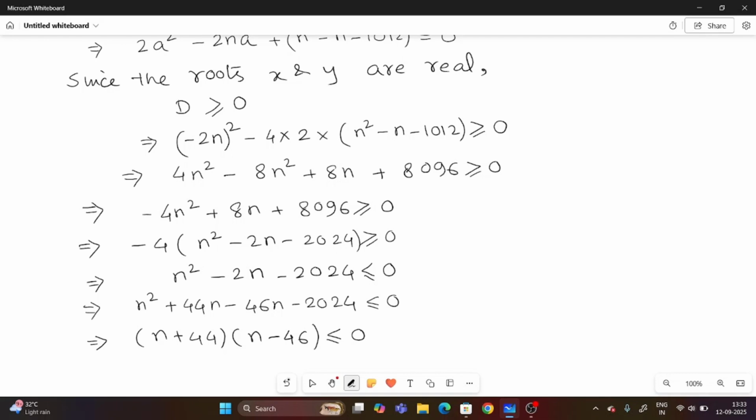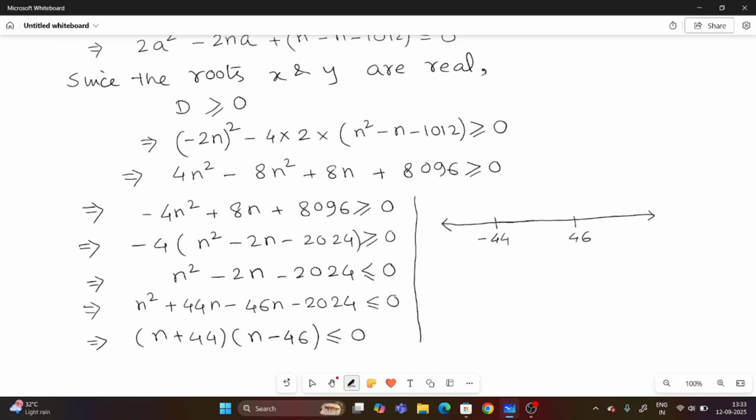Now we have to find the solution set of this quadratic inequality. We can see that the value of the left hand side is 0 when n is minus 44 and also when n is 46. So just point out these numbers, minus 44 and 46.